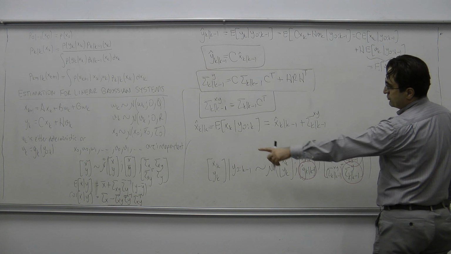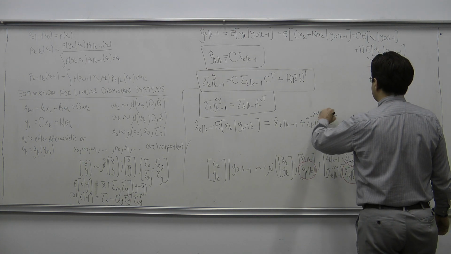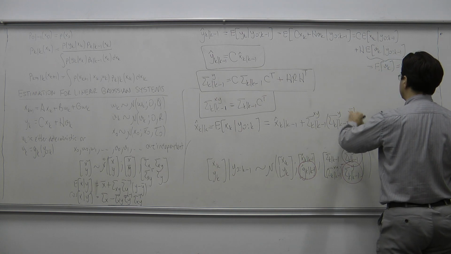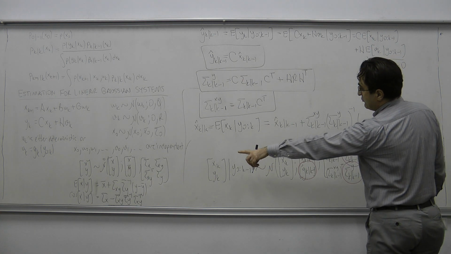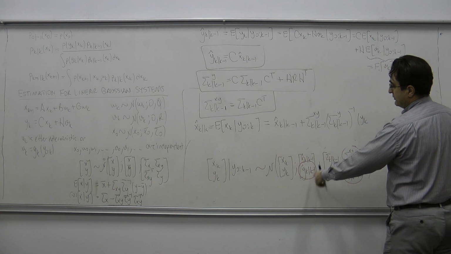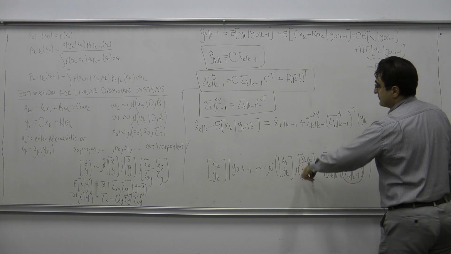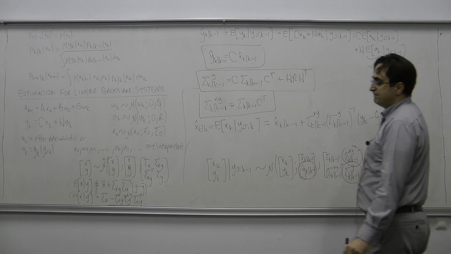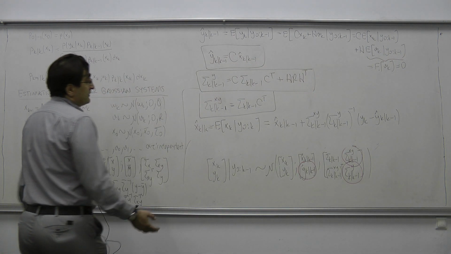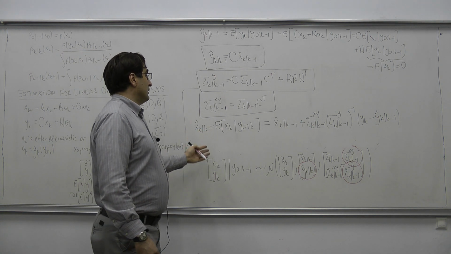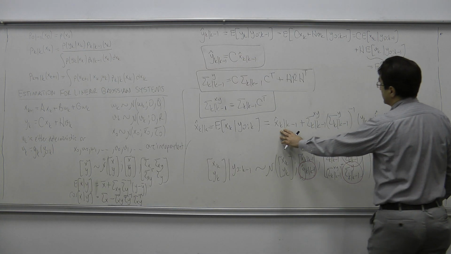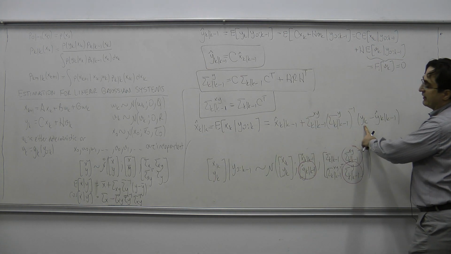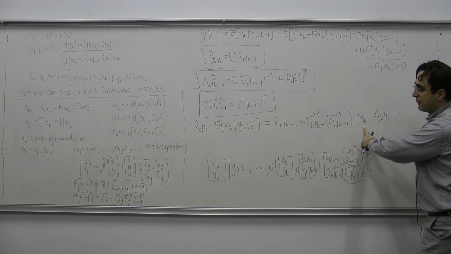And the marginal covariance of the measurement inverse, sigma y inverse, so sigma k given k minus 1 y inverse, times the measurement yk minus its marginal mean, y hat k given k minus 1. So this is our update formula, updating x at k given k minus 1 into x at k given k using the measurement yk. Okay?